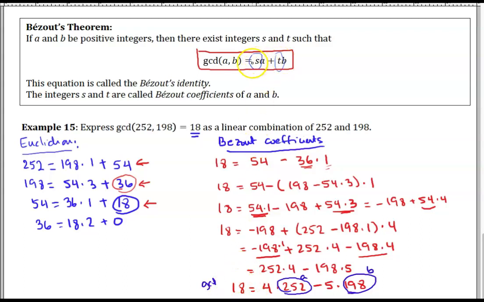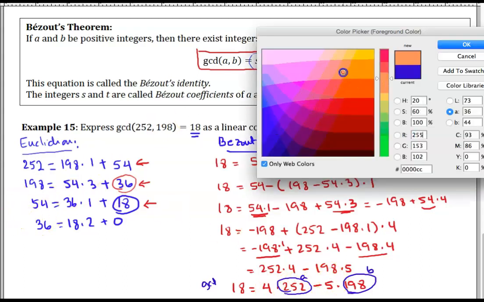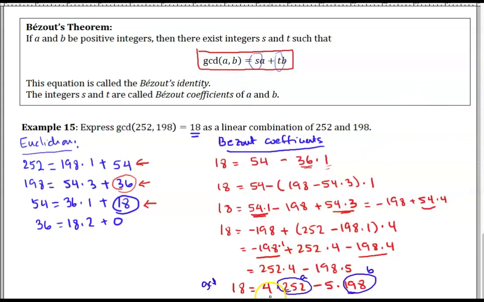And the S and the T, the numbers that we're looking for, are these numbers, the 4 and the negative 5. Okay, so the 4 that appears in front of the A and the negative 5 that appears in front of the B are the Bezout coefficients. So the Bezout coefficients are S is 4 and T is negative 5.